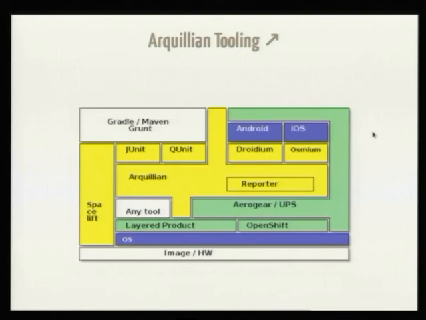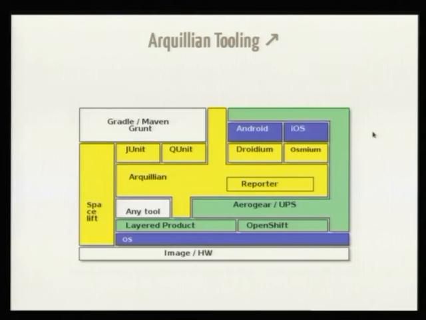Then we have Spacelift. If there's any other tool that is not directly supported by Arquillian, we can use Spacelift to create a binding and be able to run this tool anywhere within the test. And the green part is a combination that we are testing very often in mobile QE.